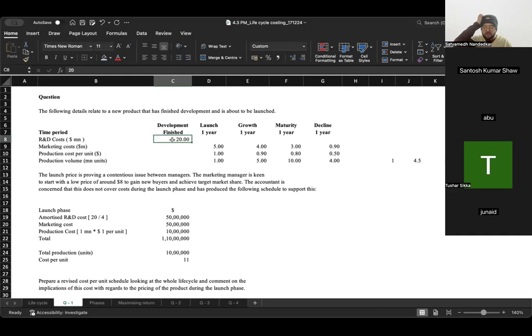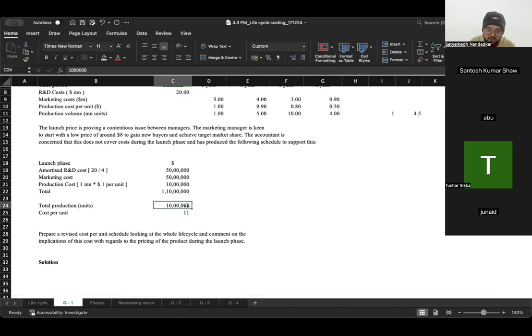The product life is 4 years, so amortized R&D cost is 20 million upon 4, that is 5 million. Marketing cost 5 million in year 1. Production cost 1 million units into 1 per unit, so 1 million. So total is 11 million. Total production units 1 million, you get cost per unit as 11.